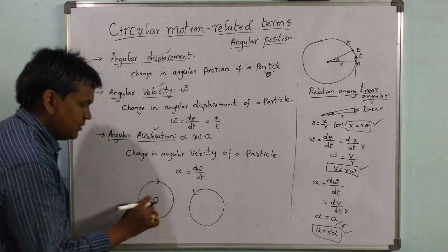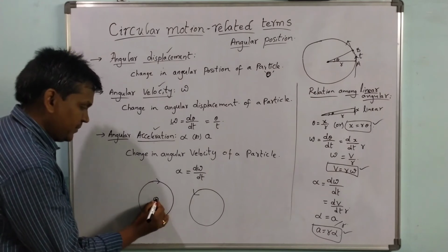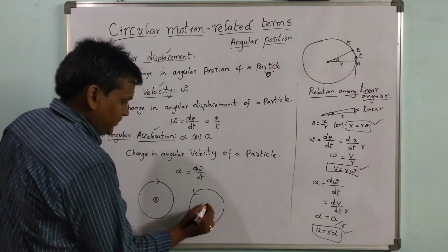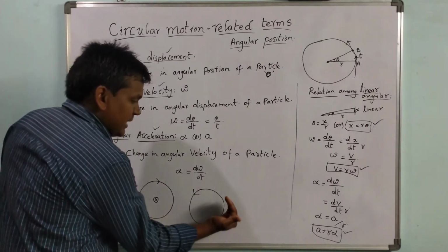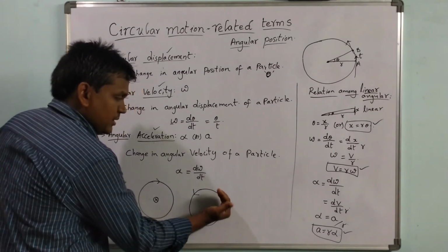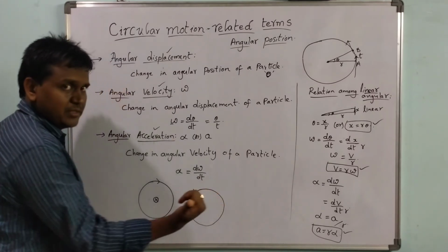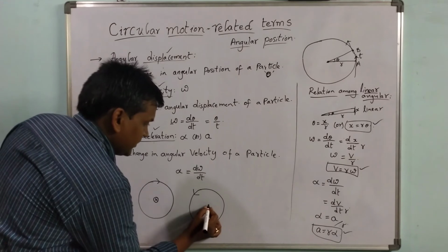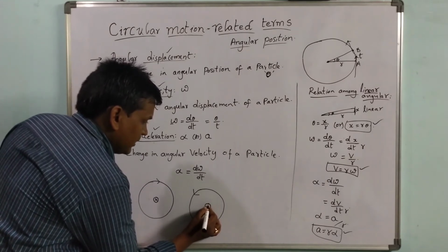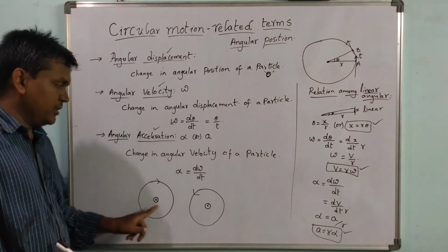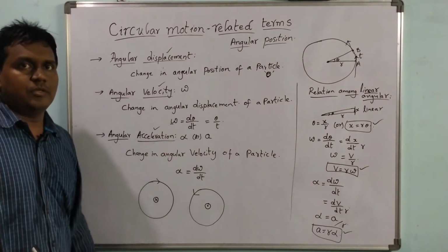Into the board is represented with a cross. For anti-clockwise direction, my fingers are placed like this and the thumb is out of the board. Into means cross, outward means dot.